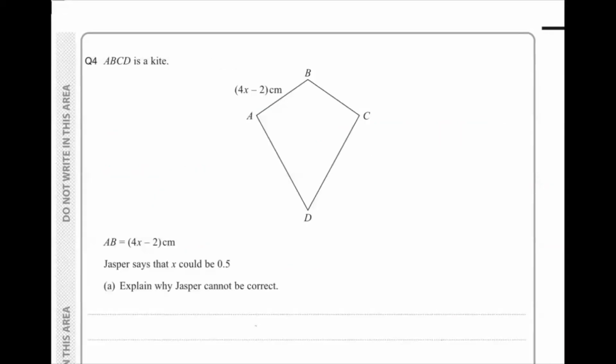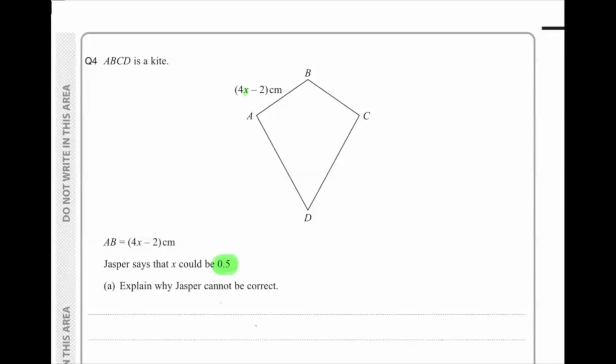Question 4. The first part of this question is asking us to explain why Jasper cannot be correct in his claim that x could be 0.5. It's a 1 marker, so it shouldn't be overly complicated. What we actually need to do is take what he believes it could be and put it into the expression here.